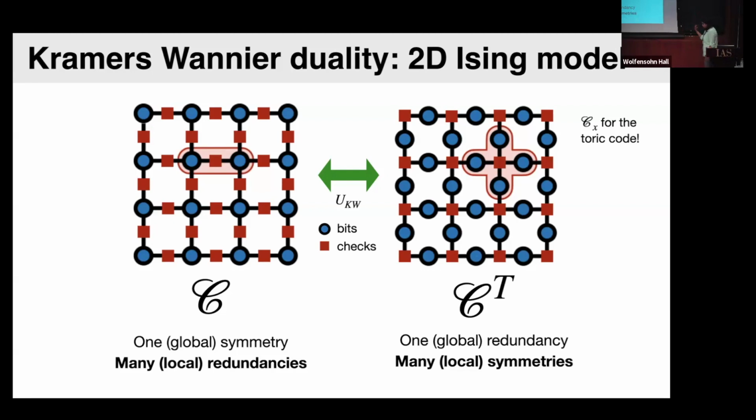Or for those of you who like to think about one-form symmetries, it's these local symmetries that make the one-form symmetries of this model deformable, because you can multiply with these local symmetries and get homologically equivalent descriptions of the one-form symmetry in this model.